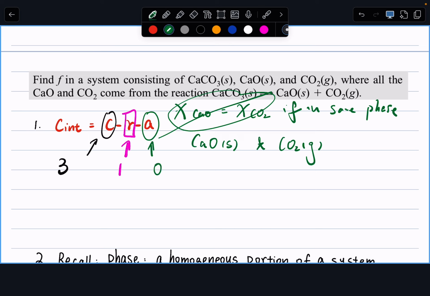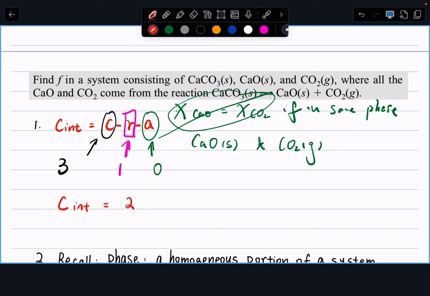That's why this A is actually 0. So do give it more careful thought, even if the question states something very similar to what we saw in the classroom. Doing that calculation, we get my independent component equal to 2.